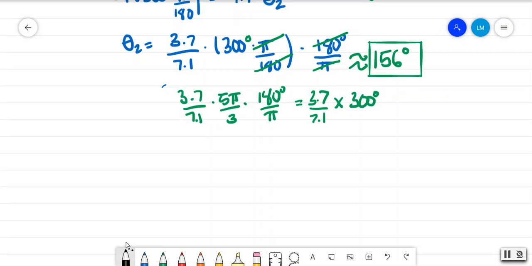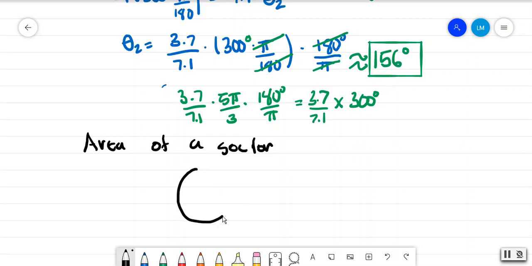Now this last part is about area of a sector. So let's say that we go back to our circle, and let's say that we have something like this.